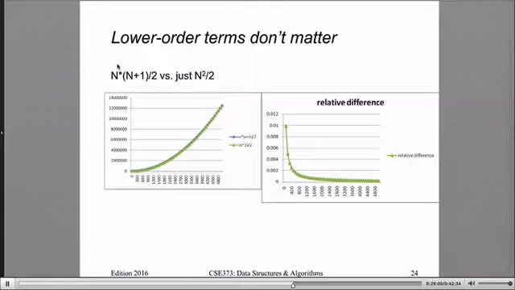For small n, of course, there is a big difference. For big n, if n is getting bigger, like 2000 for example, the difference is very small. As n is increasing, the difference between those two functions is extremely small.